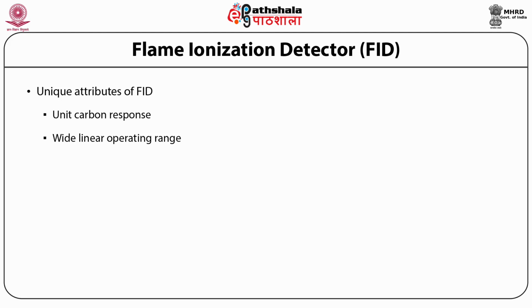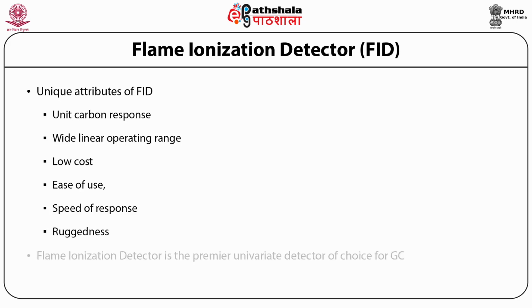When combined with its other attributes such as low cost, ease of use, speed of response, and ruggedness, it is not surprising why the flame ionization detector is the premier detector of choice in gas chromatography.